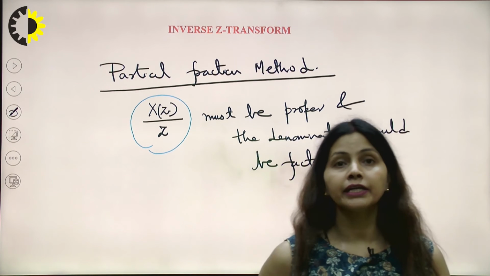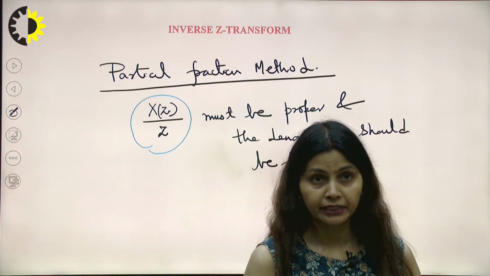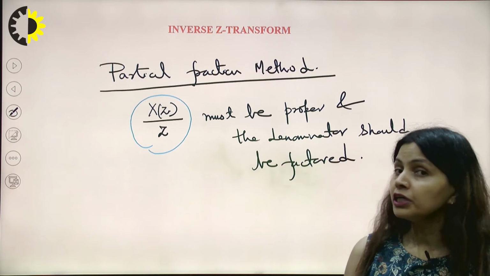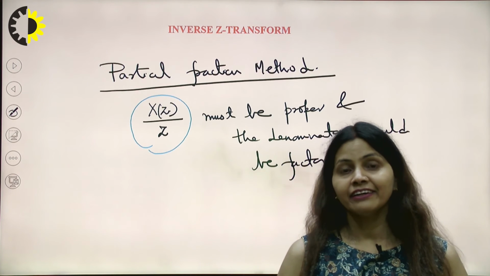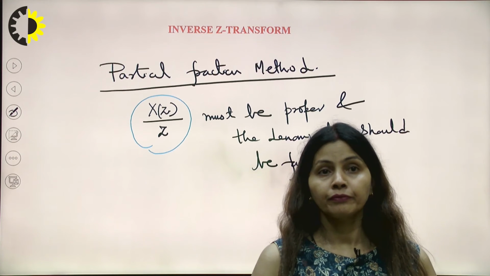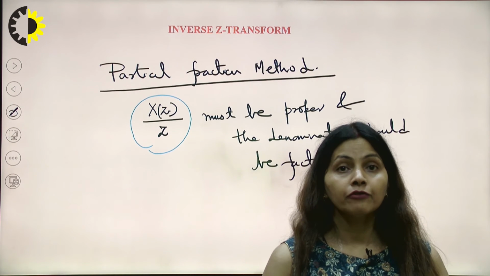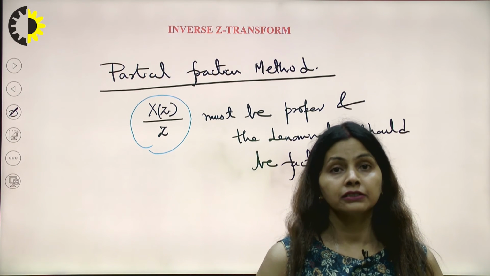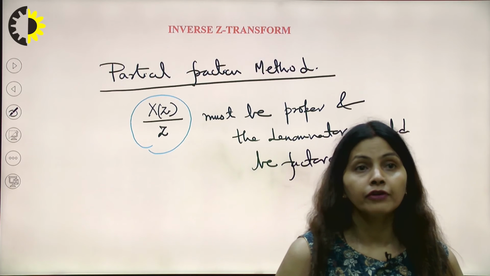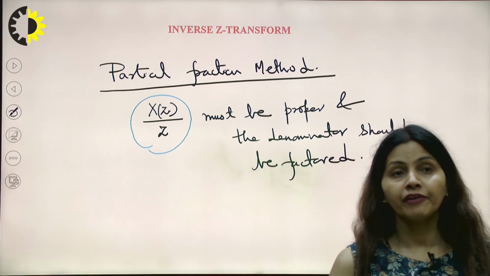When we are interested in calculating the partial fraction expansion method, we need to have X(z) in the proper form. That means the denominator must be factorizable. Only there can we apply the partial fraction method.